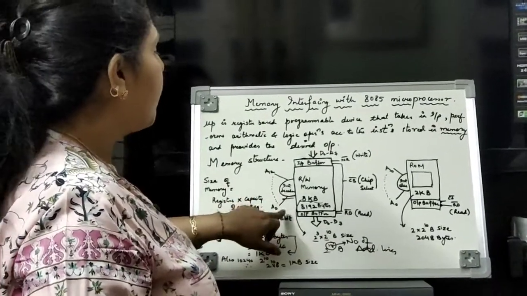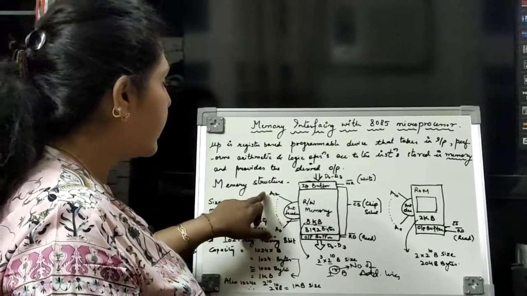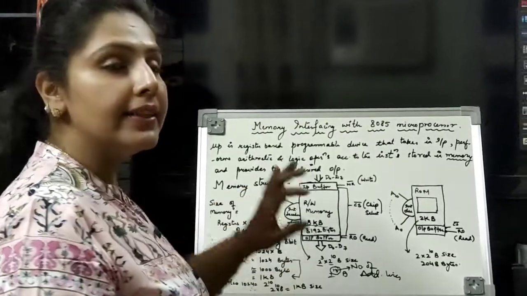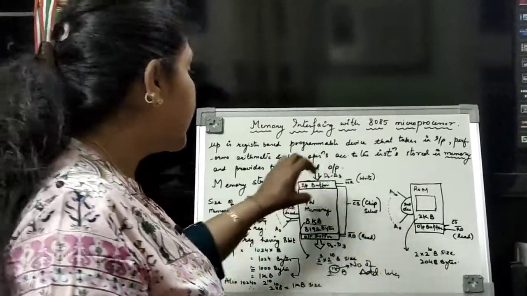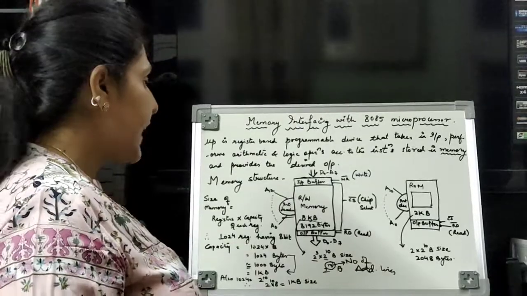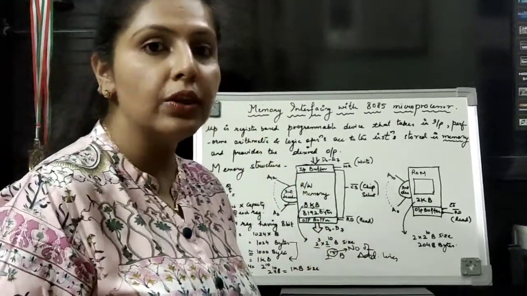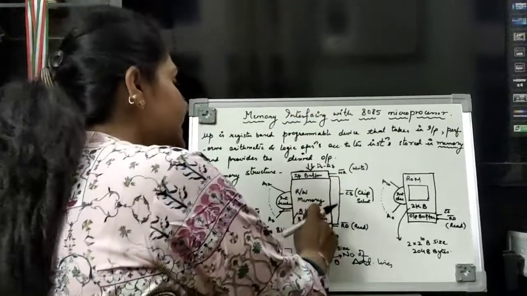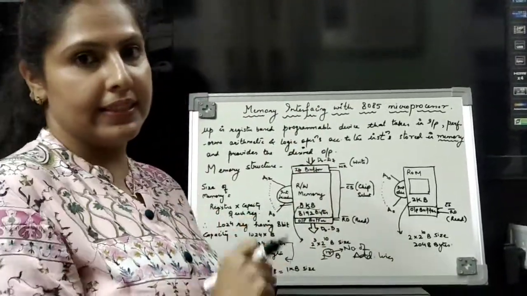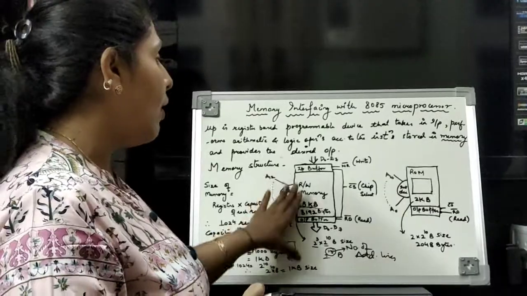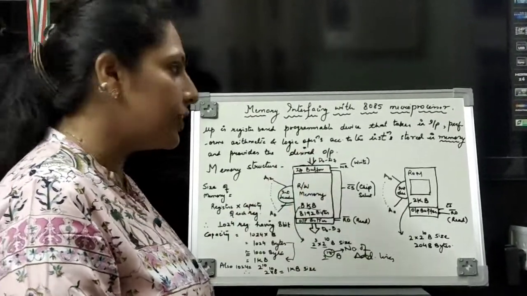That means from A0 to A12. A0 to A12 are 13 address lines. So 13 address lines are being used to address 8192 registers of the size of 8 bits. So this is the concept of read-write memory structure.